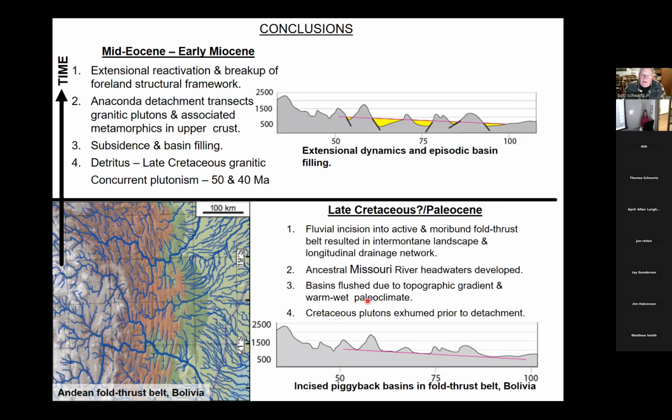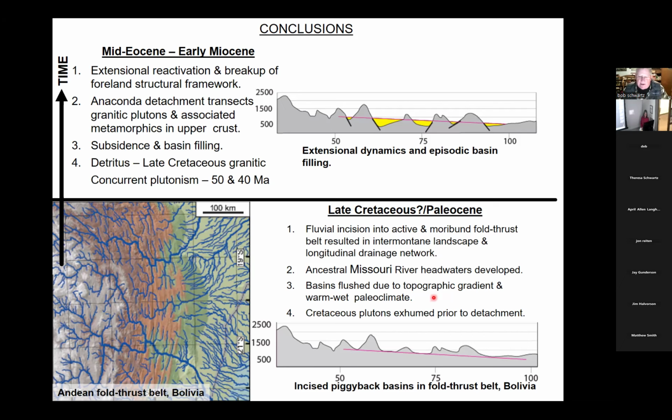The basins were flushed, I'm proposing, because of the topographic gradient, and it was the PETM, the Paleocene-Eocene Thermal Maximum, a warm, wet climate, abundant water to flush the systems clean and produce the unconformity upon which the Renova lies. A valley-shaped unconformity that runs up onto the flank of the mountain belts.